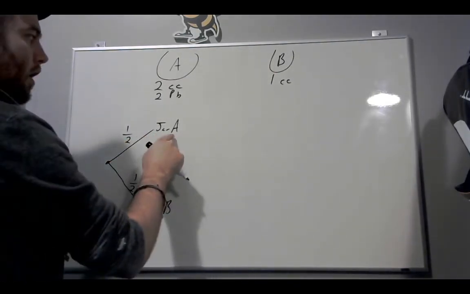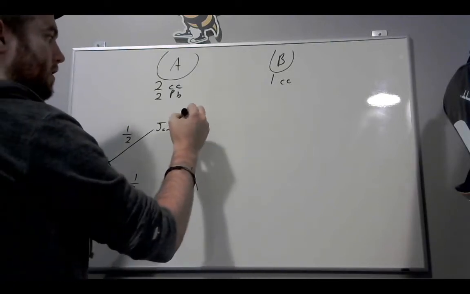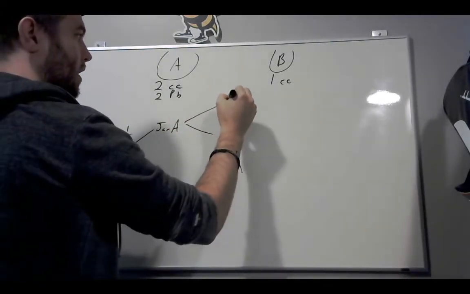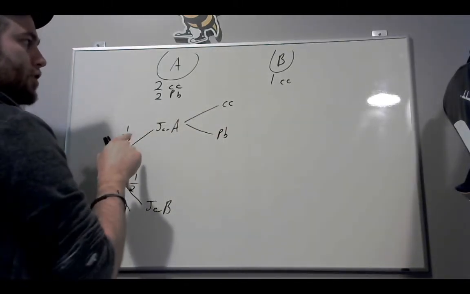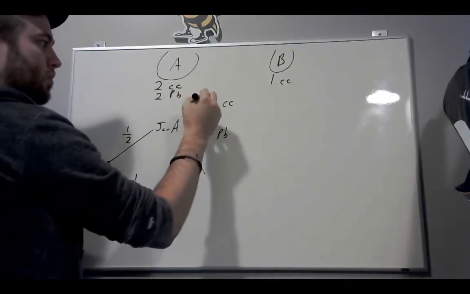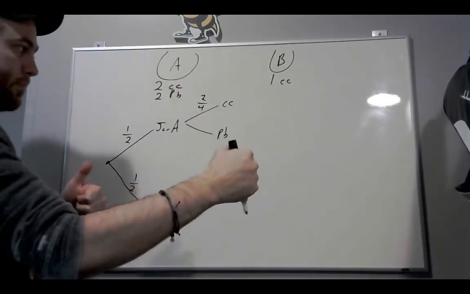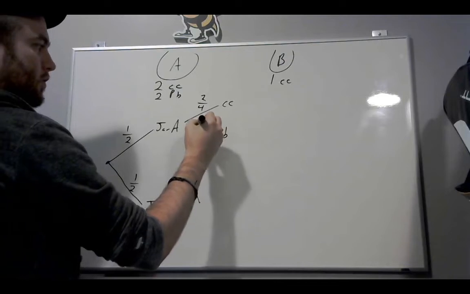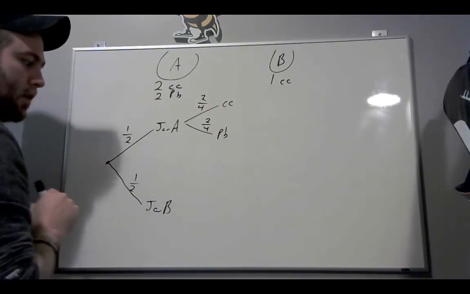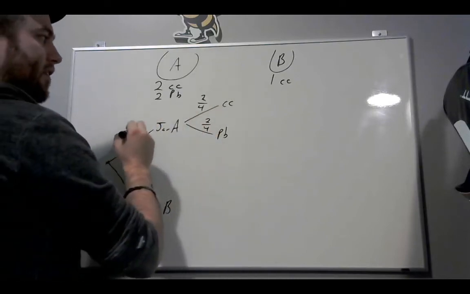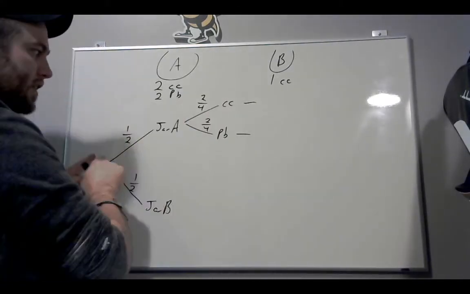Then in jar A, let's look at it as chocolate chip and peanut butter. For chocolate chip, we have 4 total, and 2 of those are good. Same for peanut butter: there's 4 total, and 2 of them are in our event space. So I can figure out the probability for each of these lines.